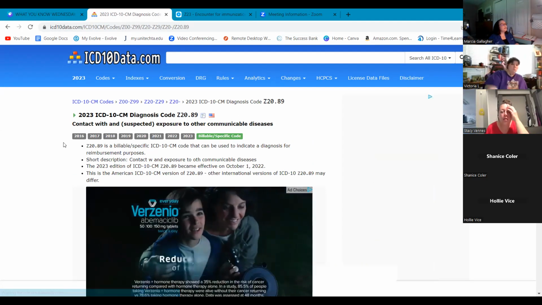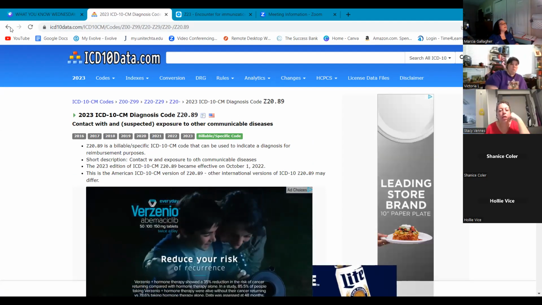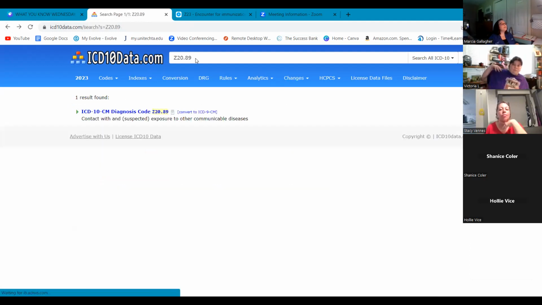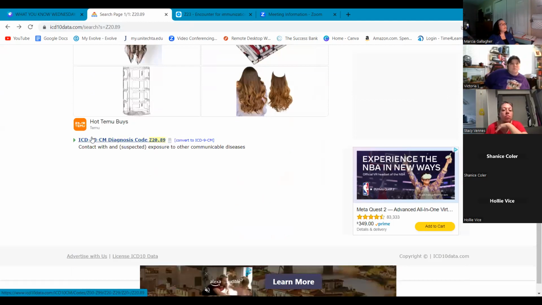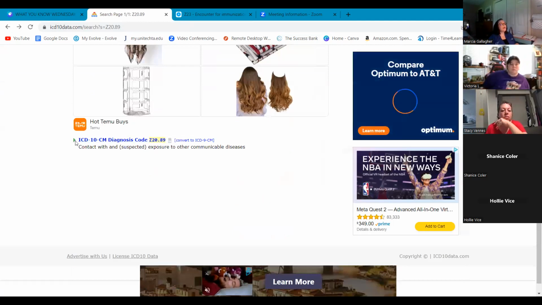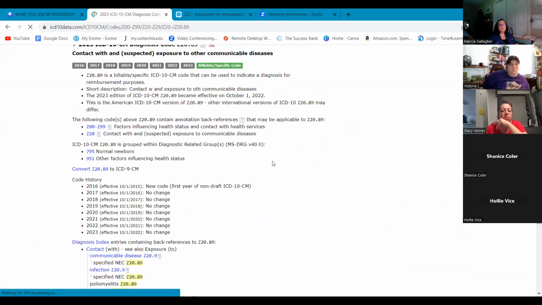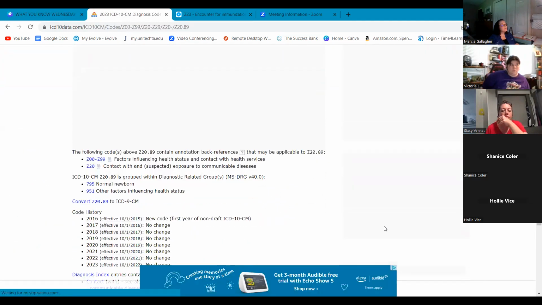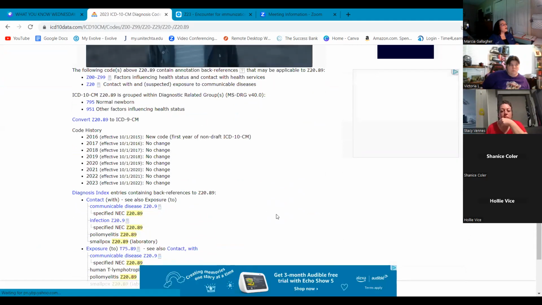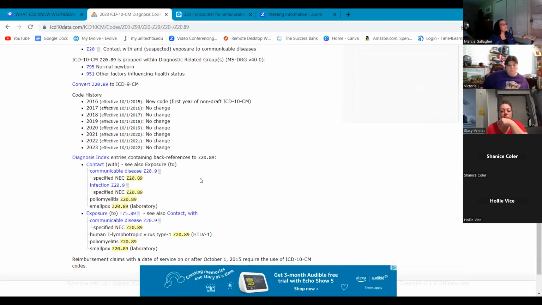What I did was I put in the code up here, Z20.89. And then it brought me to this little green arrow here, and I just clicked on it, and then it gives me more specifics, along with all the crazy ads.